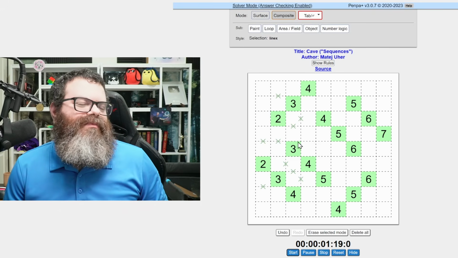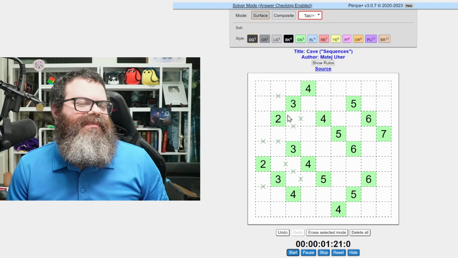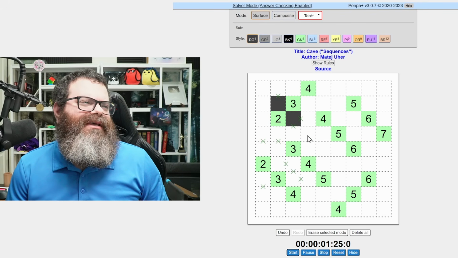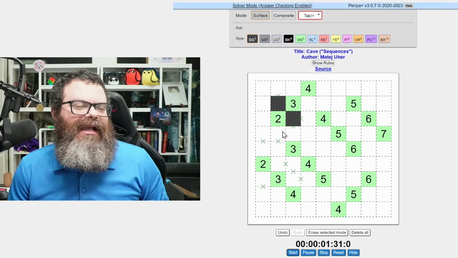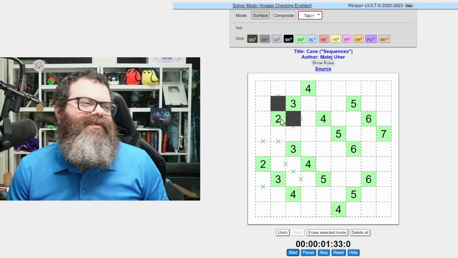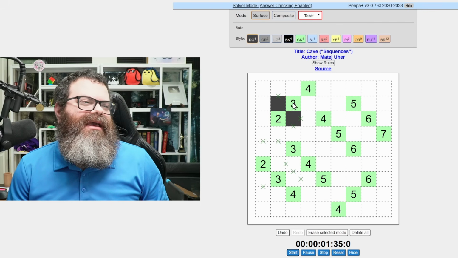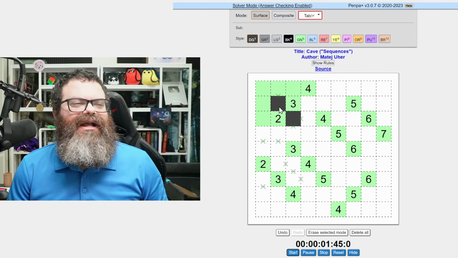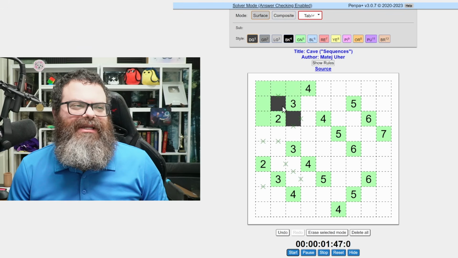All right, so the next thing I'm seeing that I'm going to have to explain is we can't do a checkerboard pattern like this. You can't ever have a 2x2 area be a checkerboard. And that's not in the rules directly, but it's implied because we can prove that by saying if we know that these 2 cave cells, the green ones, need to connect to each other, the only way they're going to do that is to completely surround one of the wall cells, one of the shaded cells.